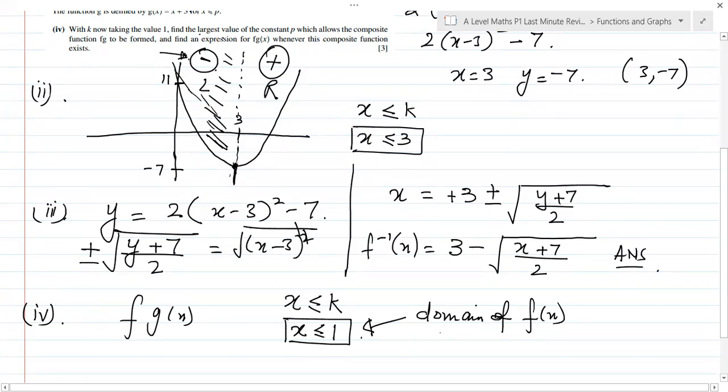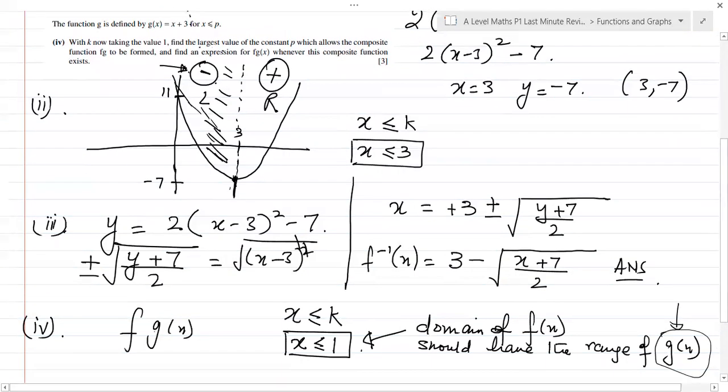The domain of f(x) should contain, or should have, the range of g(x), and this will take the whole function of g(x). The g(x) function over here on the top is given as x plus 3.